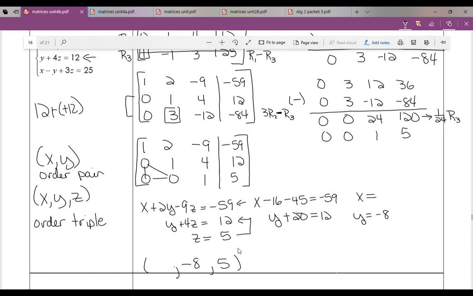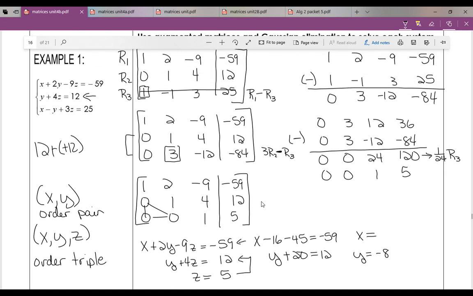Anybody? That would be 2. That is correct. So that is the ordered triple that solves this system.